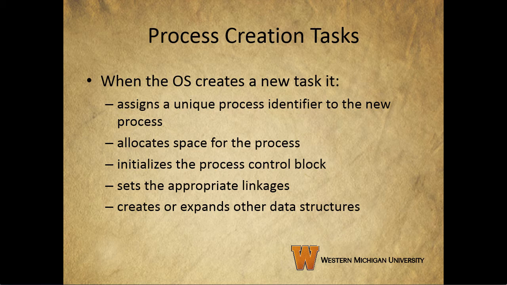Remember that while all operating systems have certain commonalities in the way they handle processes, they are all different and may have different ways of doing things that require those other data structures.